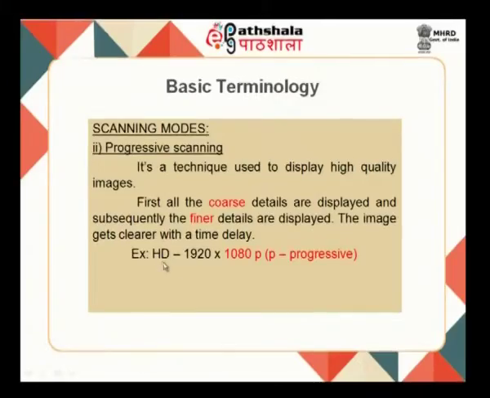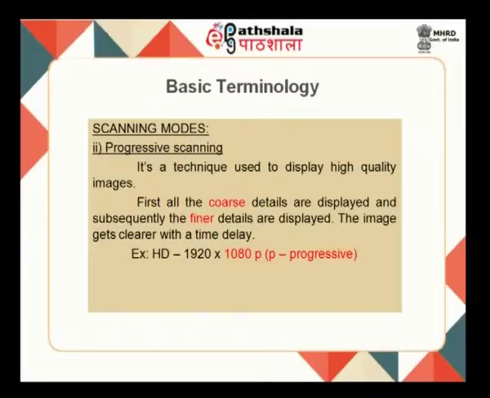So, with the passage of time the image before you gets clearer and clearer, and that is what is called a progressive scan. In the example, HD 1920 by 1080p indicates progressive, and when you go to a shop, they say 1080p is our display device, 1080i is the television we have.